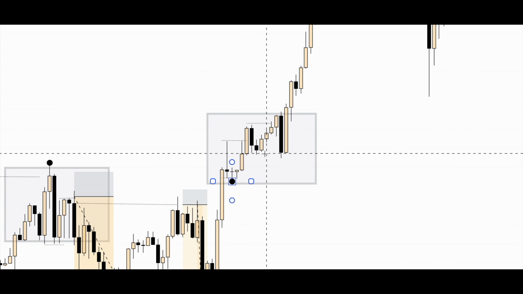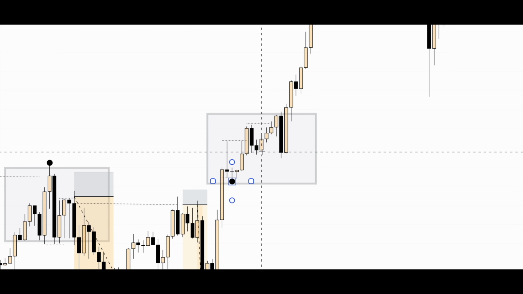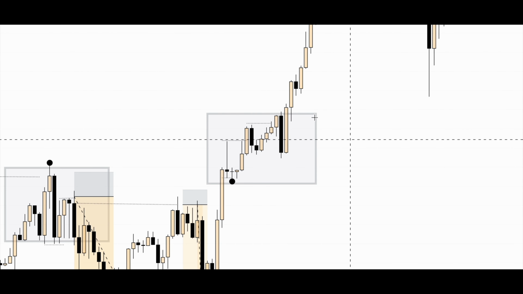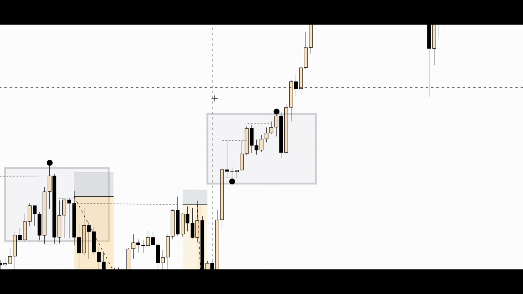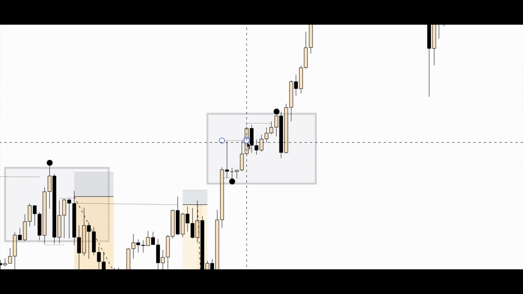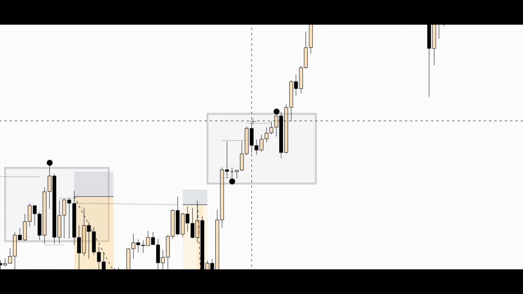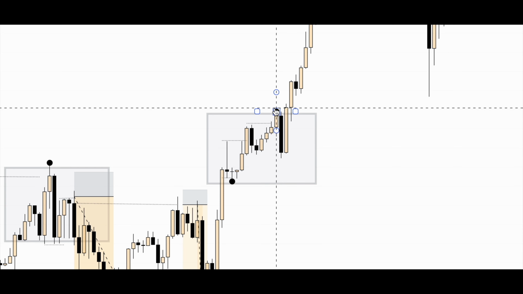As soon as price performs a break of structure in the opposite direction of the overall trend, understand that that indicates a weak high, right? Yes, I understand that this is equal highs for sure, but also understand that this is a weak high, as well as this is going to be a weak high.